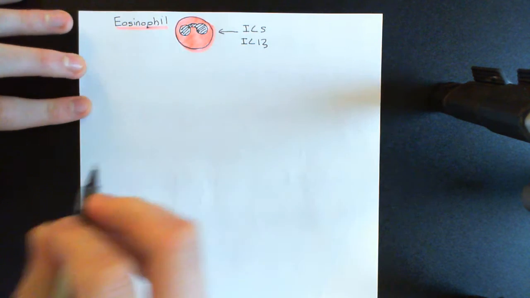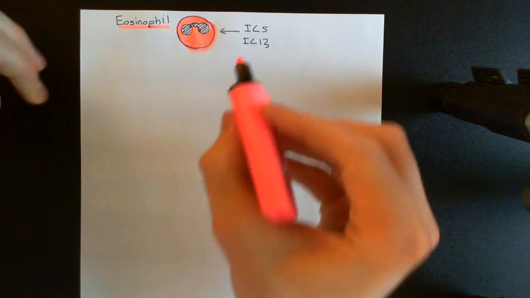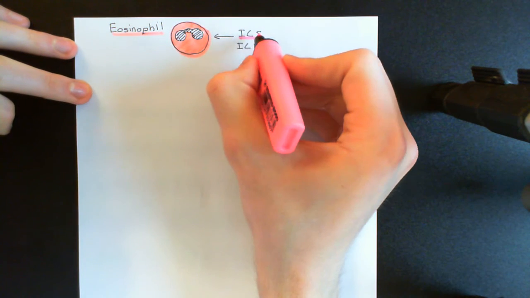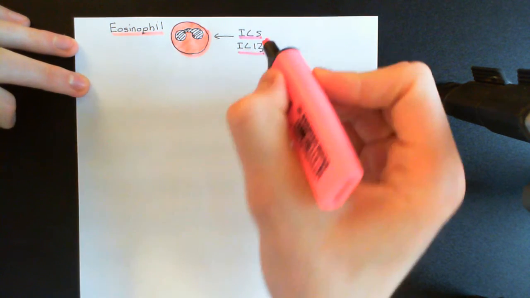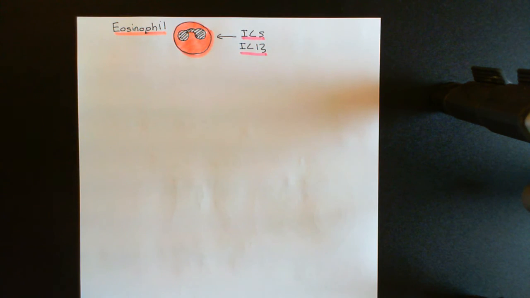It's not particularly well understood exactly how they do this. What is known is that if you raise interleukin 5 and interleukin 13 in the tissue fluid of an affected area, you end up with loads of eosinophils being brought into that area. Exactly how that occurs, we aren't particularly sure.